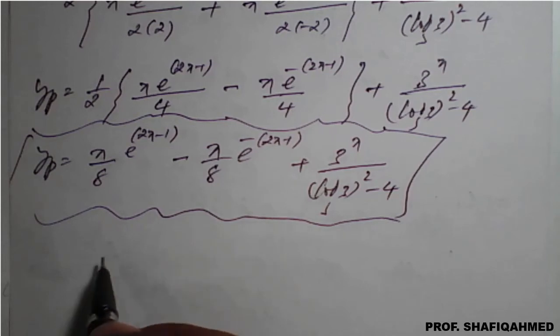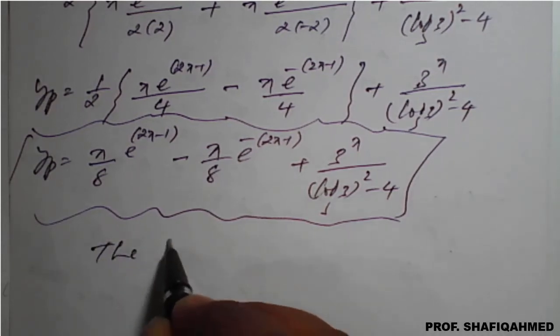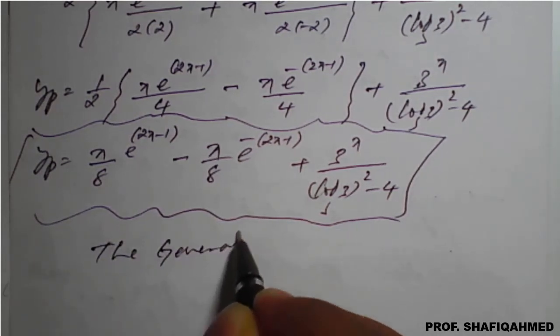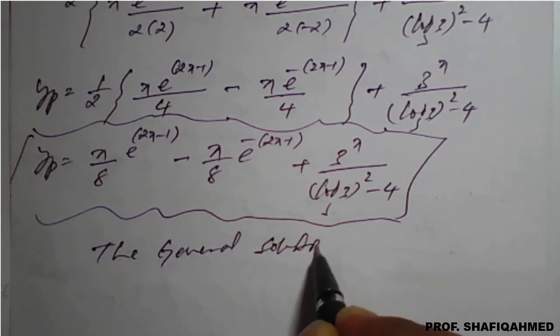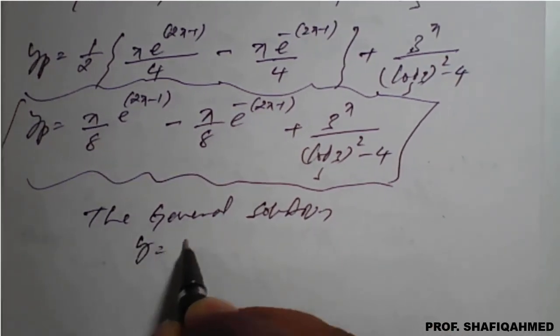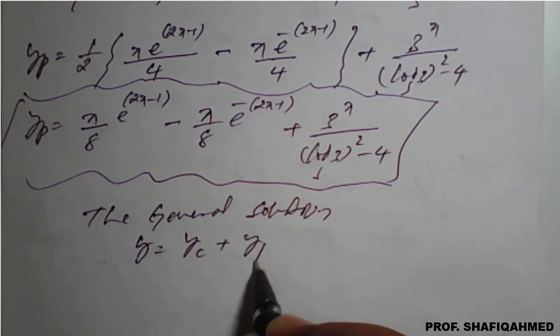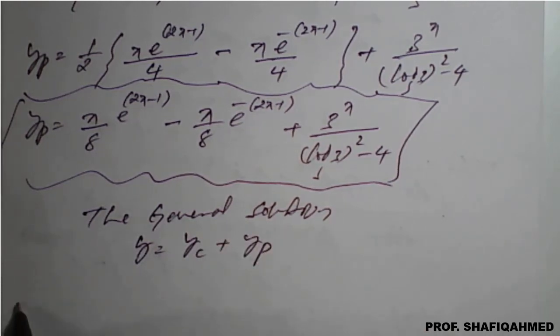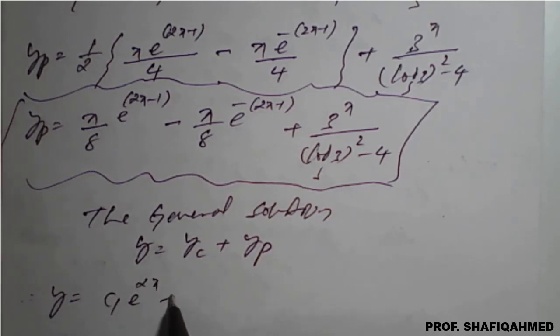So therefore the general solution is y is equal to yc plus yp. So y is equal to yc, which we got as c1 e raised to 2x plus c2 e raised to minus 2x.